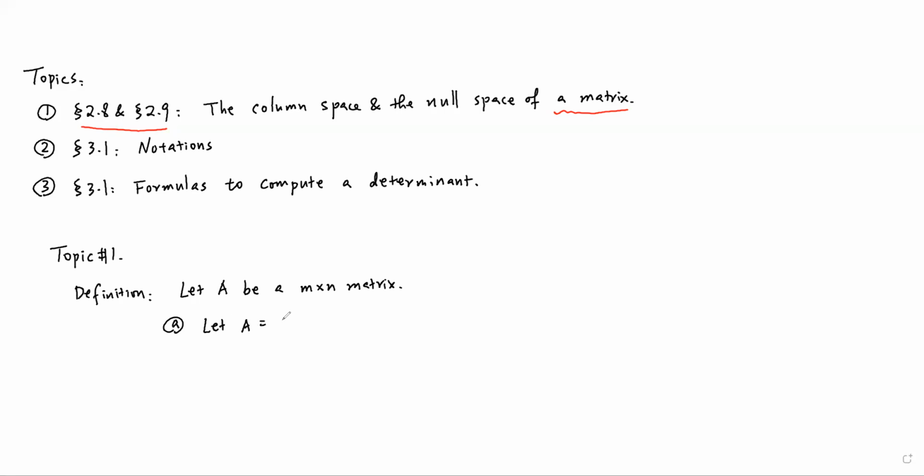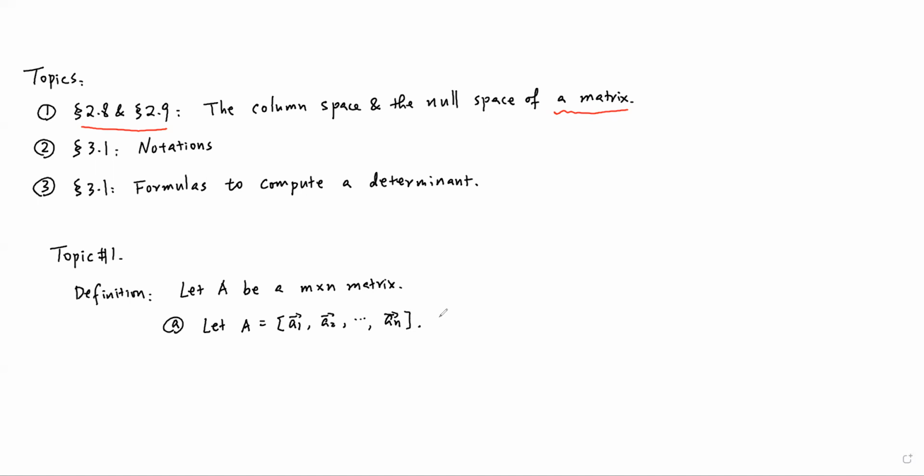Let the first column be A1, the second column A2, and the last column, because I assume the size of matrix A is m by n, so n columns, An.